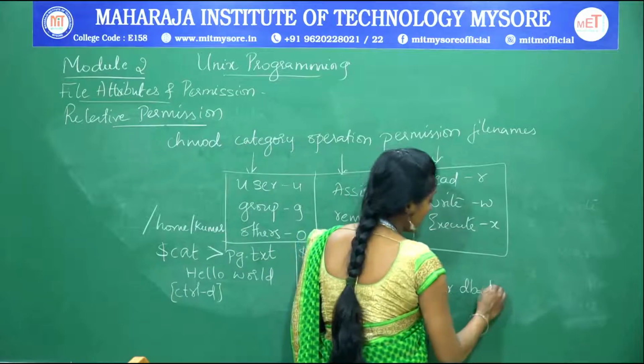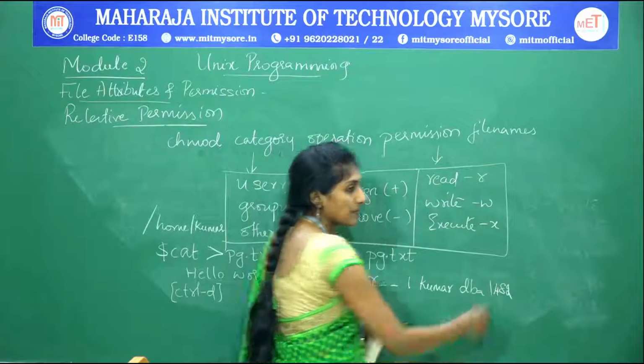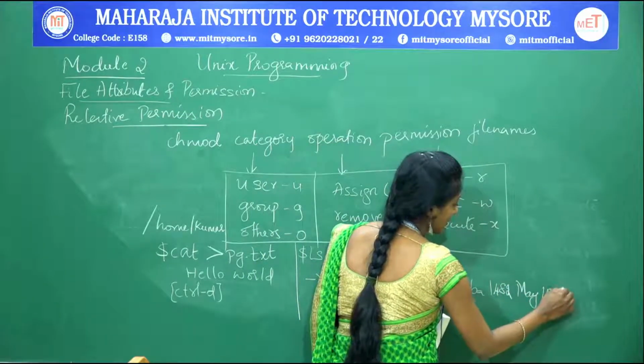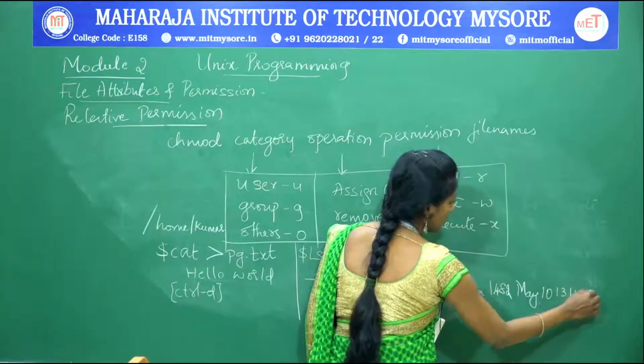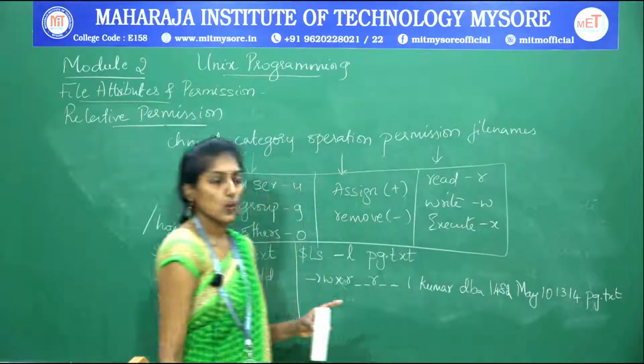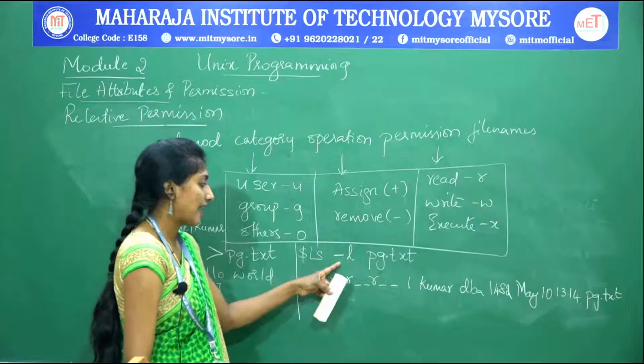Next, after DBA it displays the file size, then the time, and finally the file name. This is the content displayed if you execute ls -l.